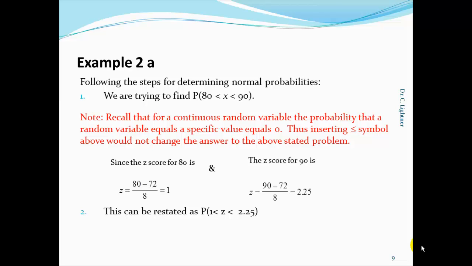The z-score for the value 90 is 90 minus 72, our mean value, divided by the standard deviation, which is 8. This gives us a z-score of 2.25. Therefore, our problem can be restated as the probability that z falls between 1 and 2.25.